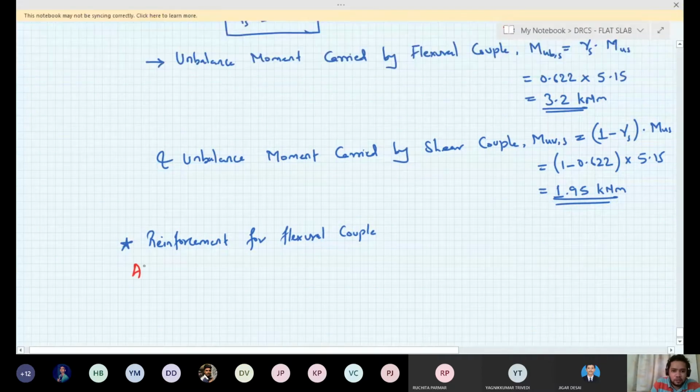So let us find along the long direction.